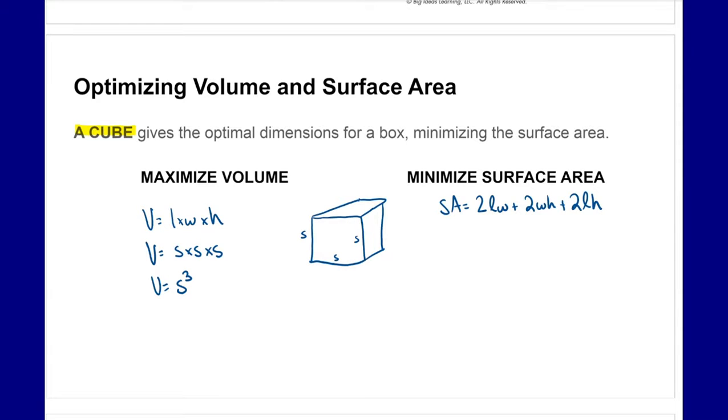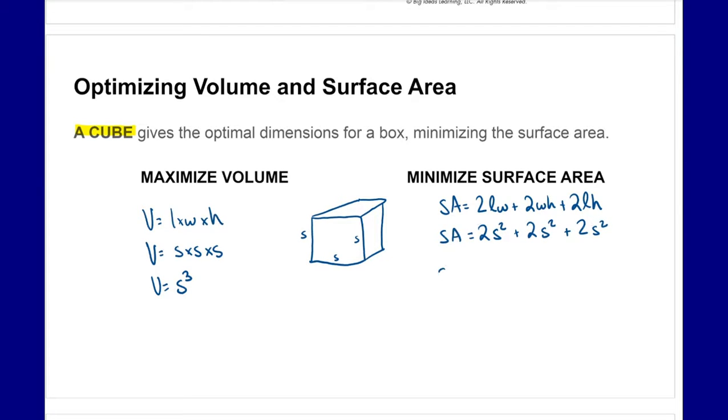Because it's a cube, the length, the width, and the height are all the same values. So instead of 2 times the length times the width, it would be 2 times s squared, because it would just be s times s. Same with the width and the height, and the length and the height.